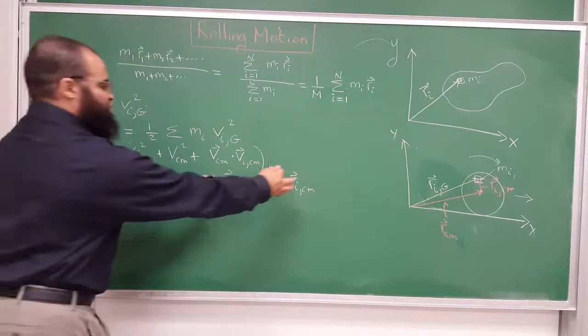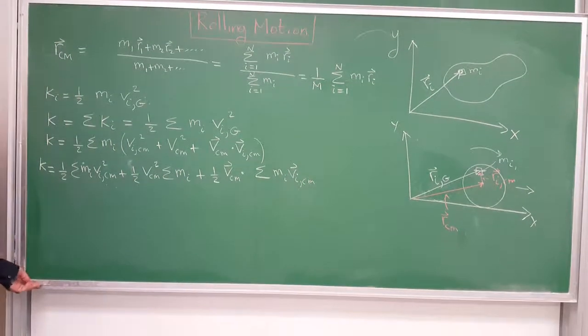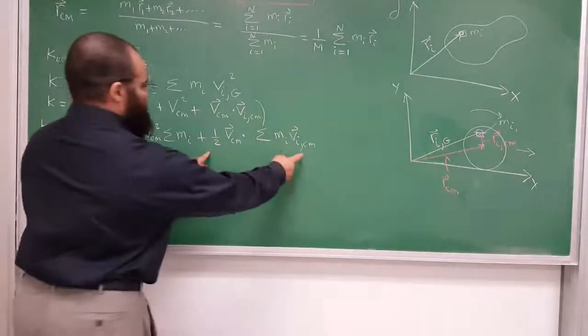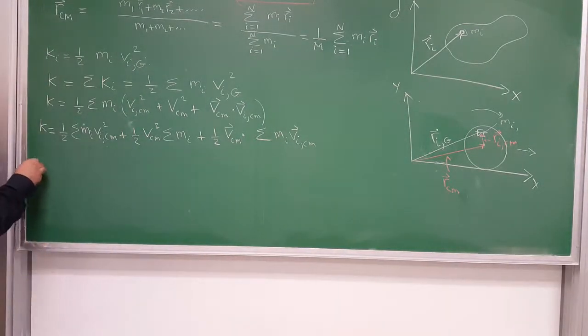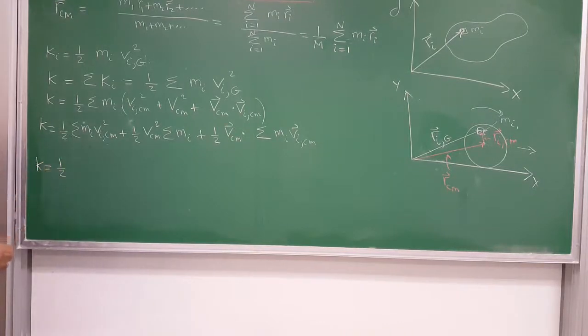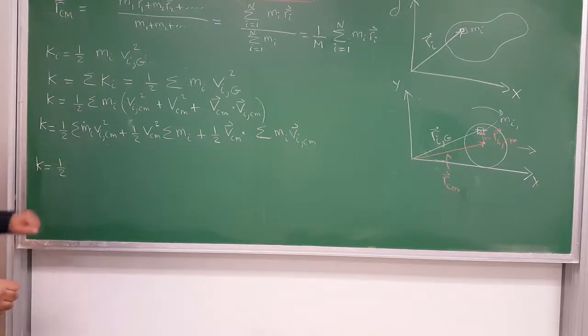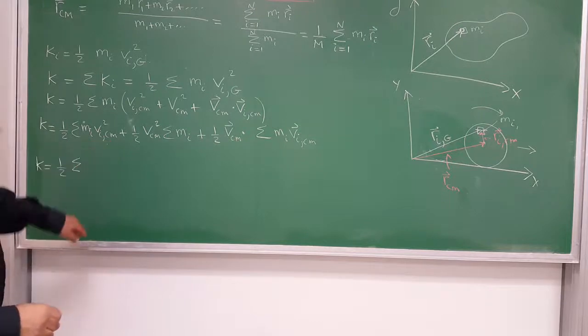This part will just drop, and it will be just the sum of these two parts. I will show you in a moment why this is 0, but let's talk about what these are. So I have the kinetic energy equal to 1/2 what? We'll get to this one. And then 1/2 plus the sum over mi Vi relative to the center of mass.